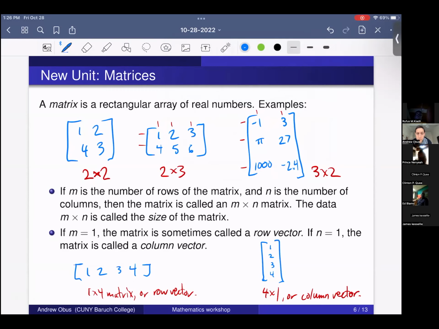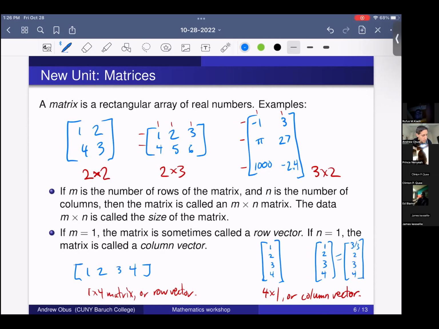The symbol we have here is this bracket. Can a different symbol be used to represent a matrix, other than the bracket? Yeah, you can use different symbols. I could write 1, 2, 3, 4, or I could write it another way.